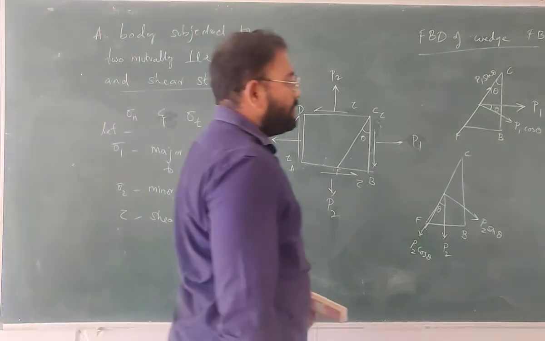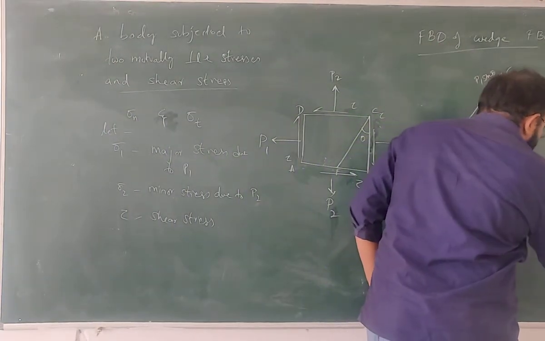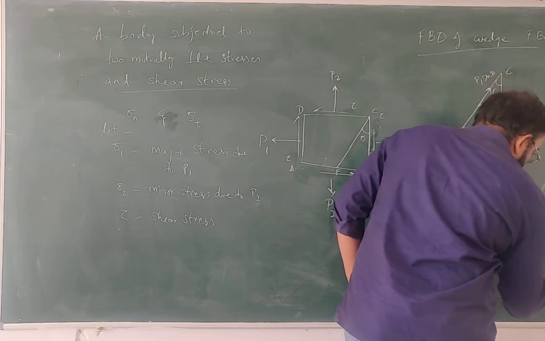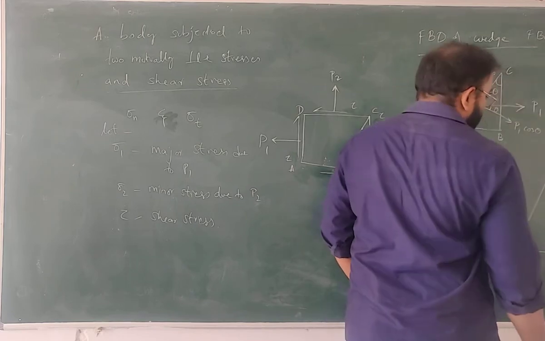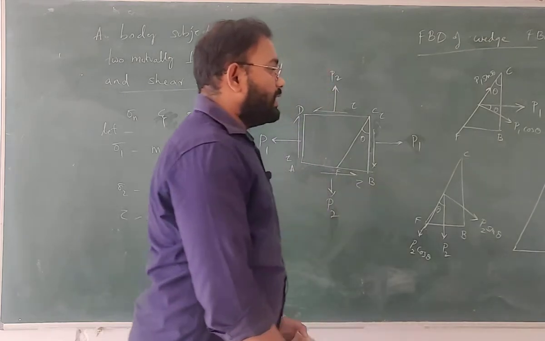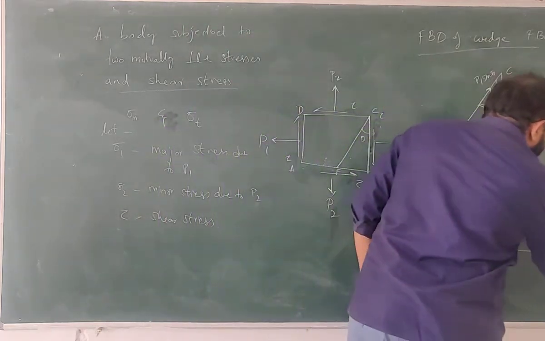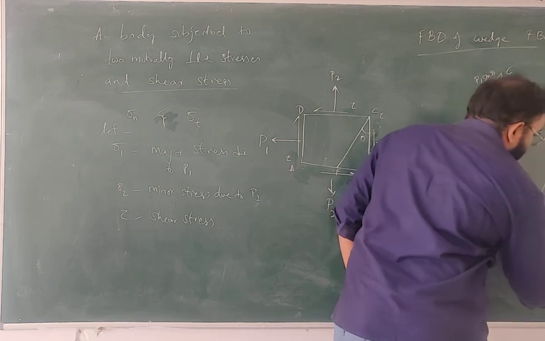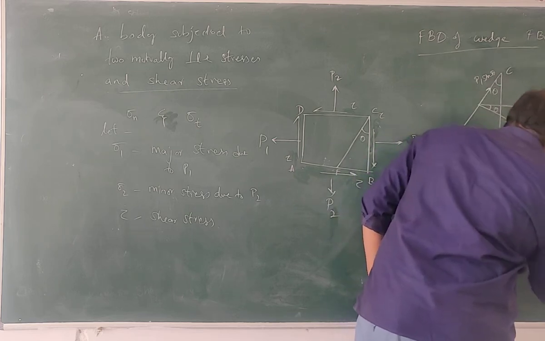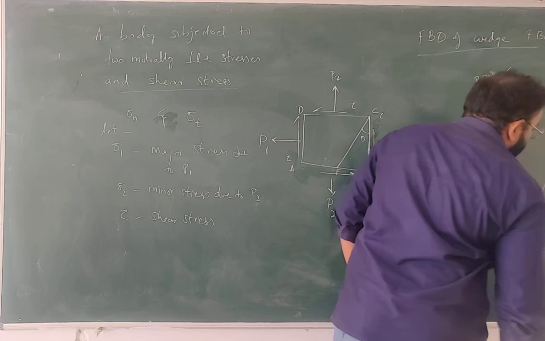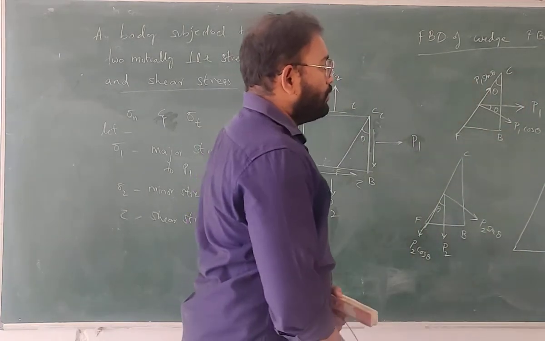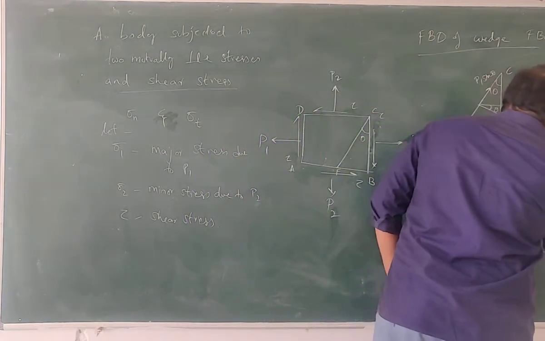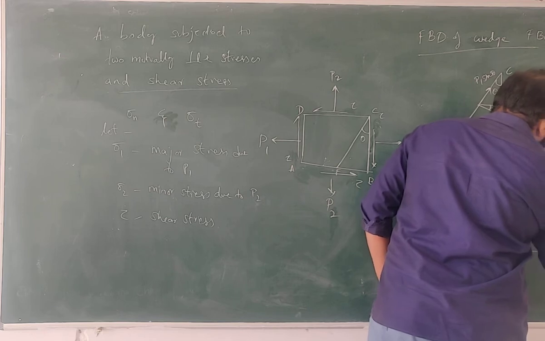Similarly, if I draw for shear stress, let Q1 and Q2 be the two forces because of shear stress. Let this be Q1, capital Q1, and this is your theta, with the vertical. So what are the horizontal and vertical components developed?